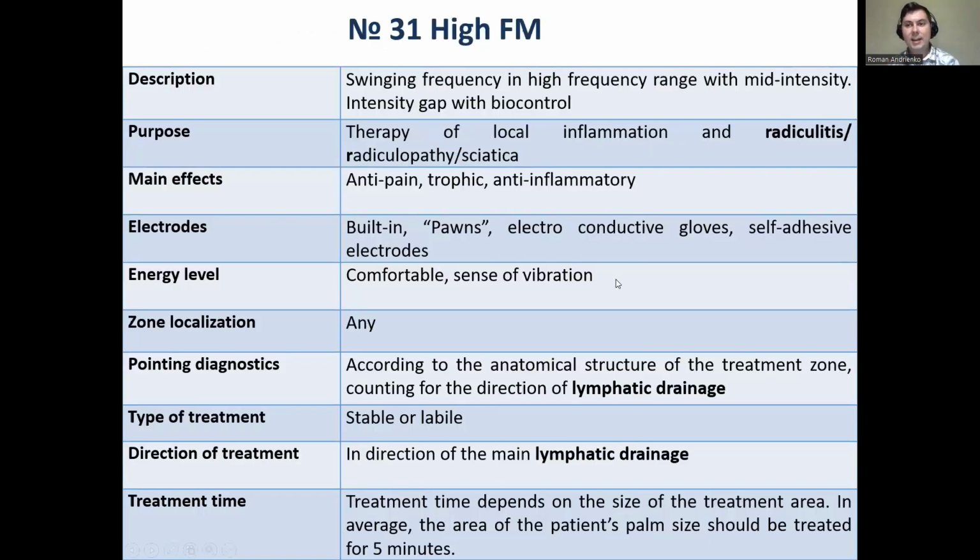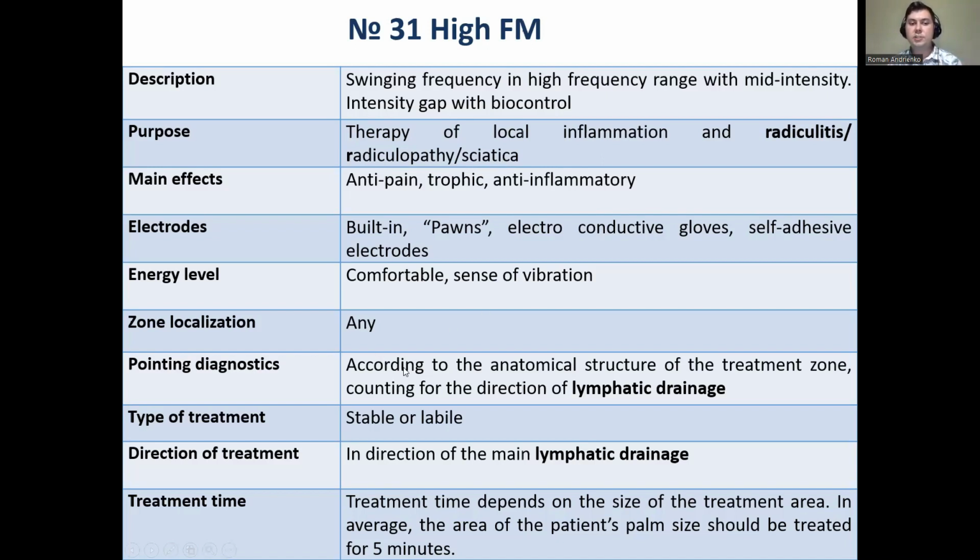And also we have the high FM, when the frequency is modulated just like in regular FM mode, but in either the higher range or the lower range. And high FM, or 31, is the preset for therapy of local inflammation and radiculitis or radiculopathy or sciatica areas.